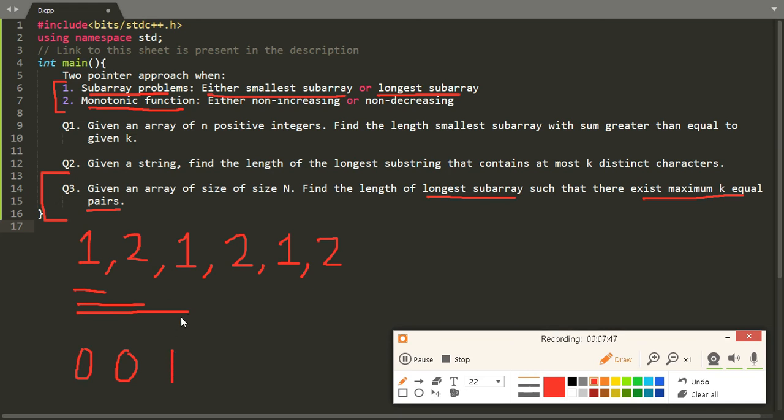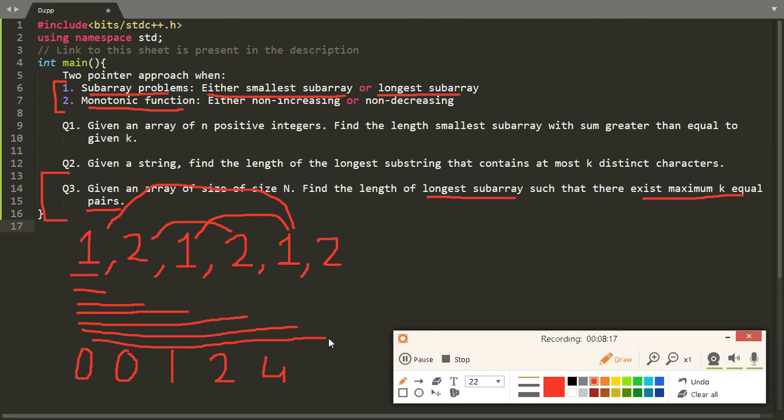In this subarray, there is one equal pair because this one is equal to the one at 0th index. Similarly, in this subarray, the number of equal pairs is 2 because of this 2 and this 2. In this subarray, the number of equal pairs is 4 because this one is also making a pair with the 1 at second index and the 1 at 0th index.